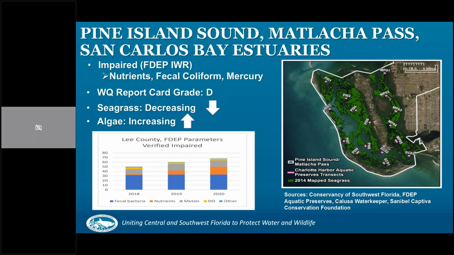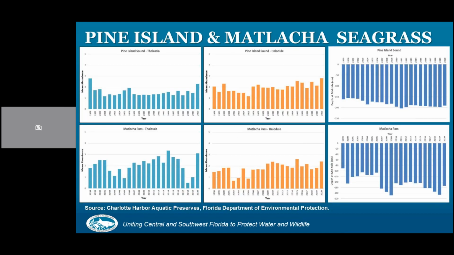There's 3 passes right there. Matlacha receives some more inputs from the Caloosahatchee River estuary as well. And so we actually pull apart that Transect data so that we can really tell what's going on with those different seagrass beds in the region. And again, just sharing some of what's going on with water quality in the area. We see increased impacts from nutrients, decreased seagrass, and increased algae.